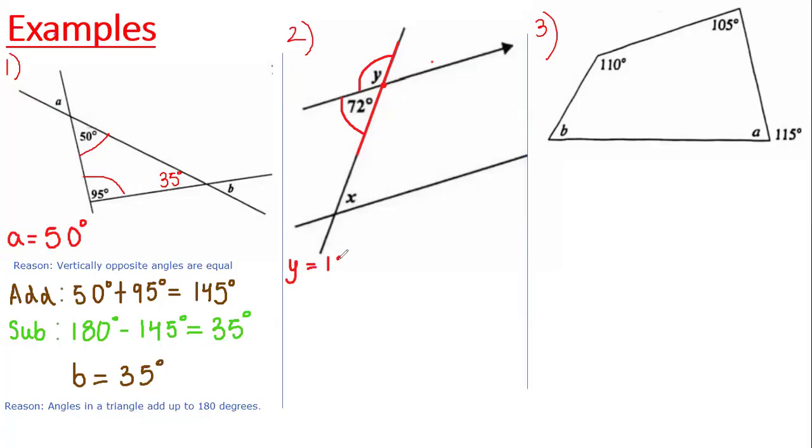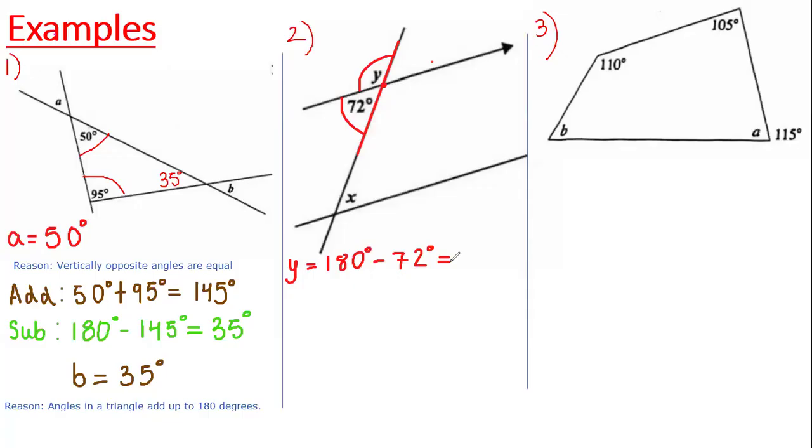180 degrees minus what? 72. Minus 72. And what do we get when we subtract them? 108.